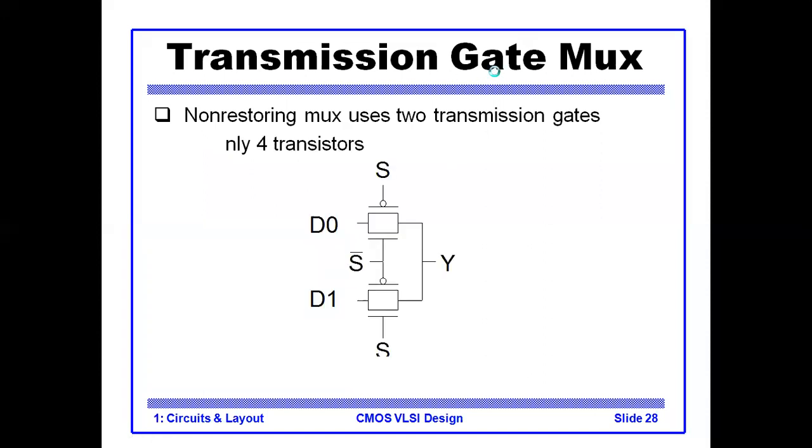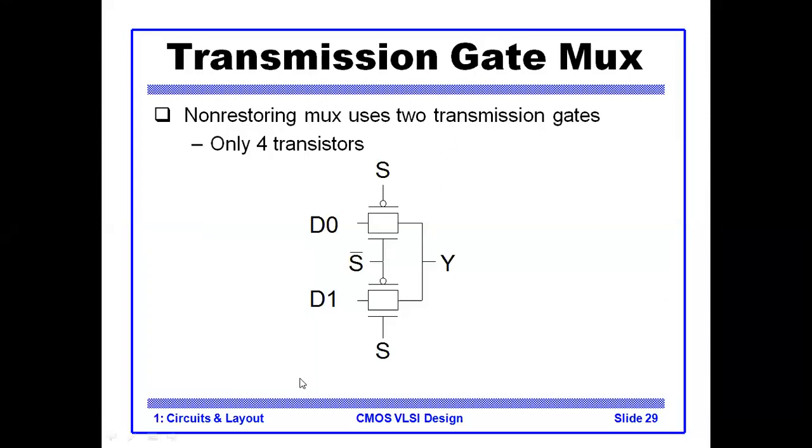Okay, so now if you implement the same logic function with the transmission gate, that is with the 2:1 mux, how many transistors are required? Only 4 transistors are required with the transmission gate.